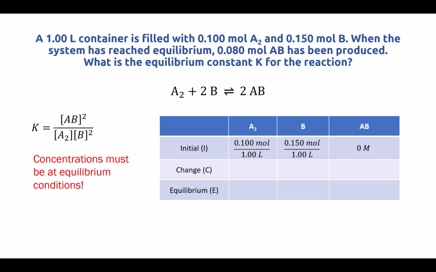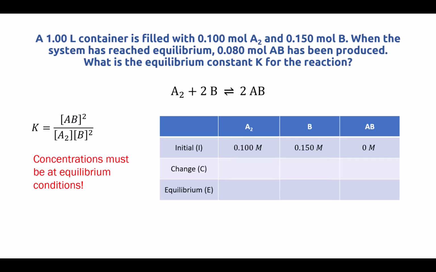All we know about AB is that at equilibrium, we have 0.08 moles. But in our starting conditions, they don't tell us anything, so we can say that at the start of the reaction, we have 0 molar of AB. So these are our initial concentrations once I plug those values into the concentration formula.